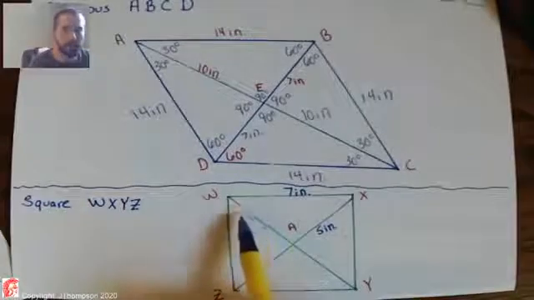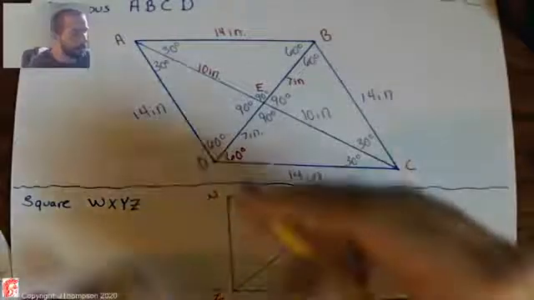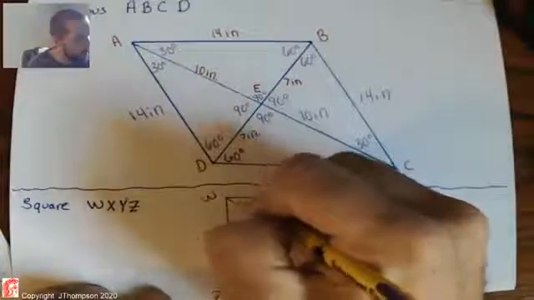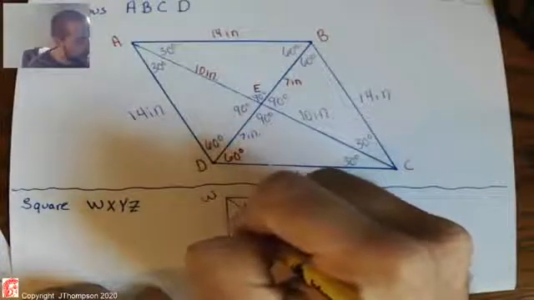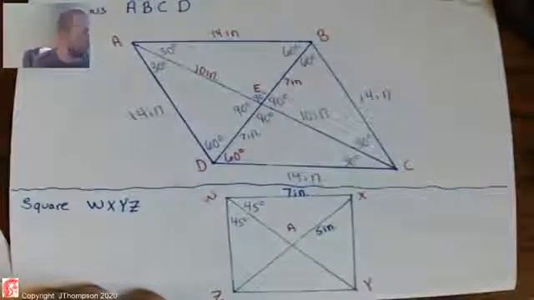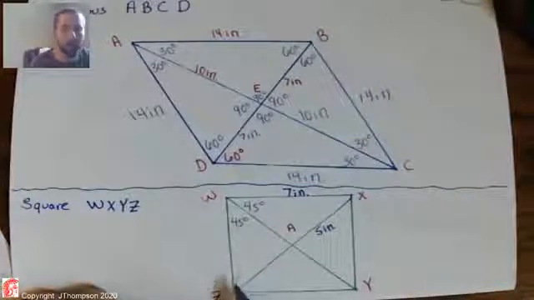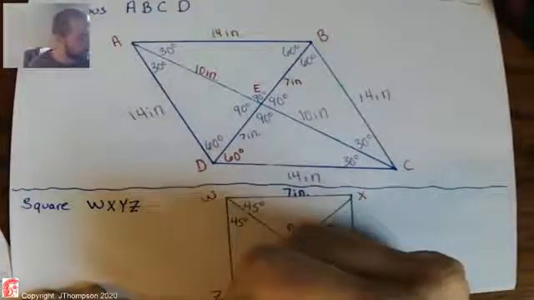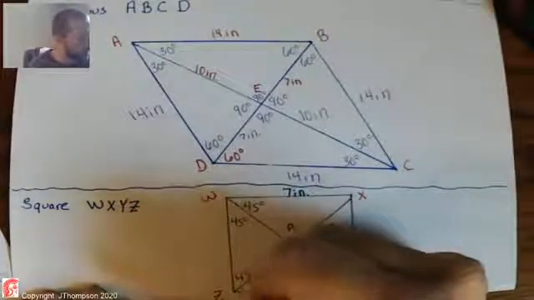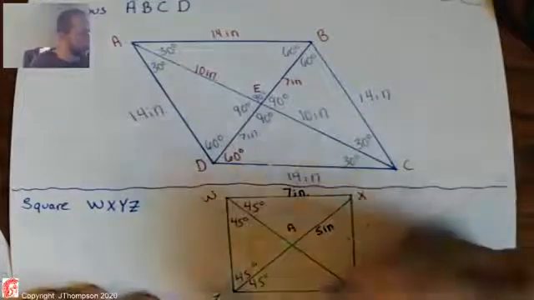So if 90 is being bisected, 90 divided by 2 is 45. So each of these is 45 degrees. So we were able to figure that out just by understanding the properties. So same thing down here. The whole thing's 90. Since a square is a rhombus, it's being bisected, so these are each 45. And that applies to all four corners.